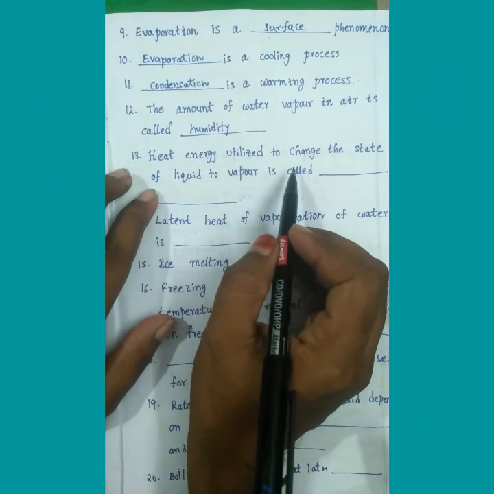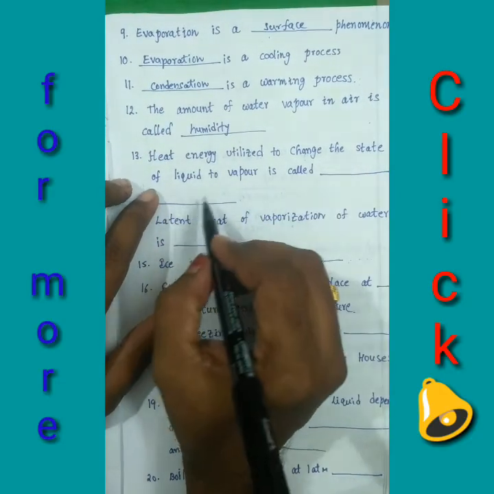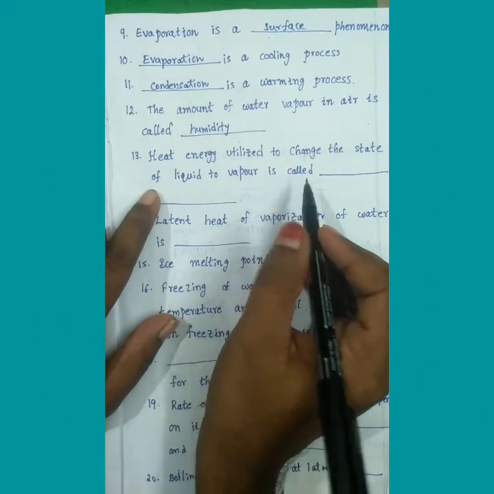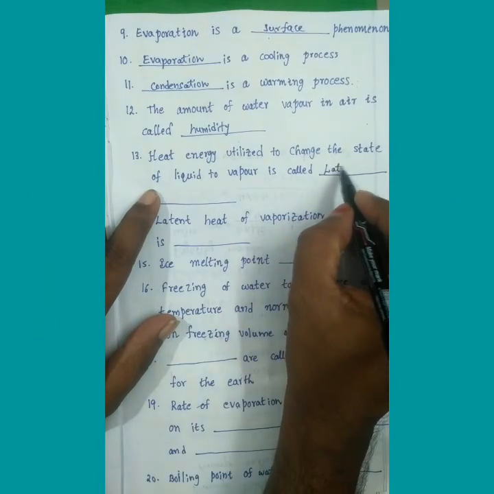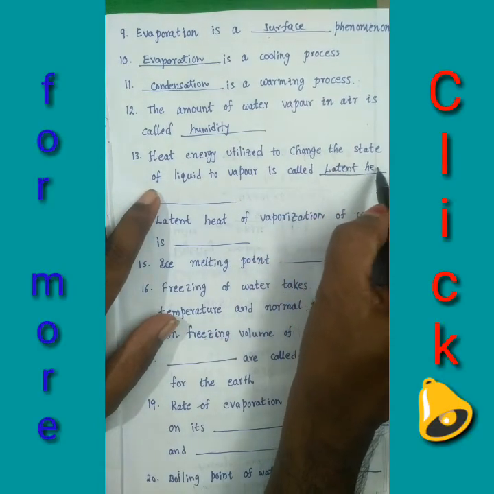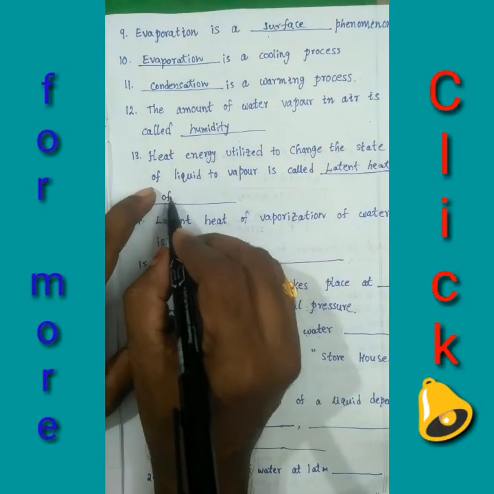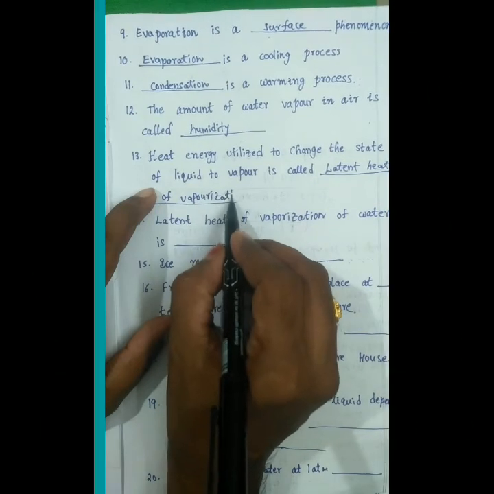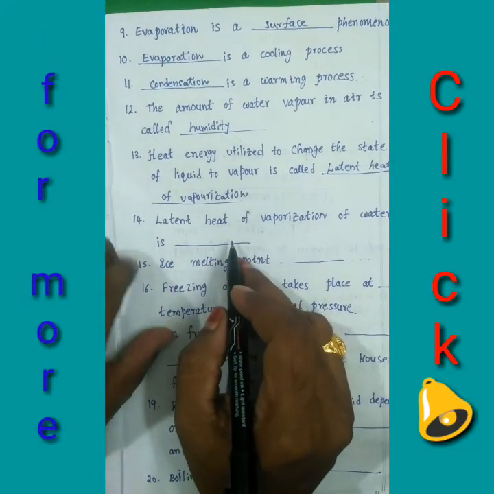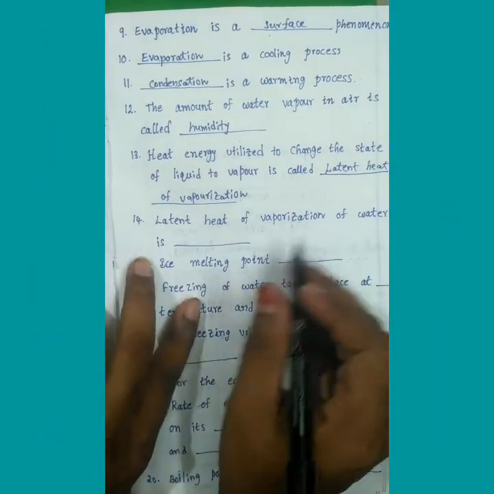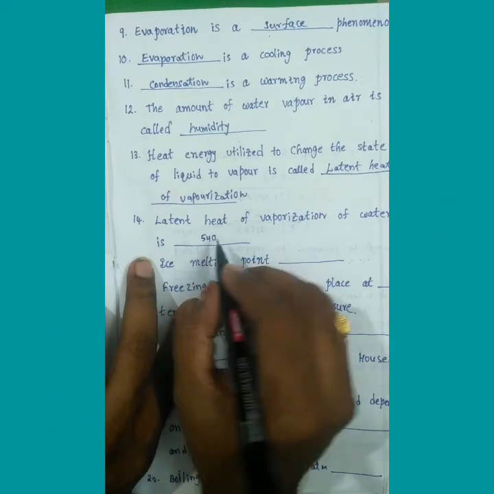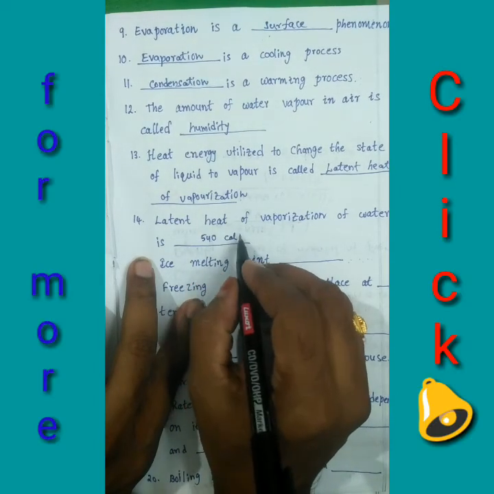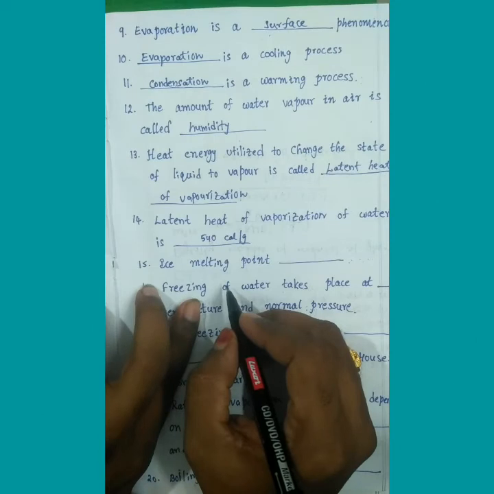Heat energy utilized to change the state of liquid to vapor is called latent heat of vaporization. Latent heat of vaporization of water in the CGS system is 540 calorie per gram.